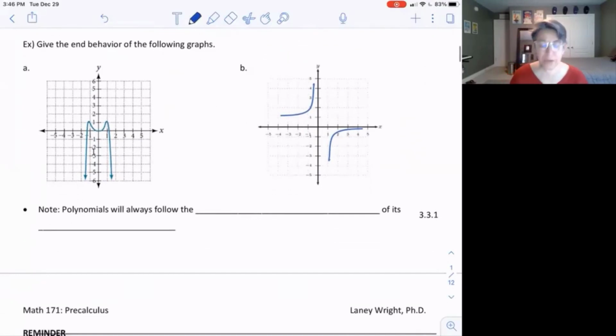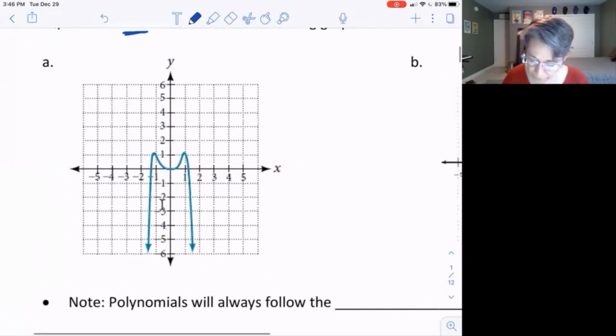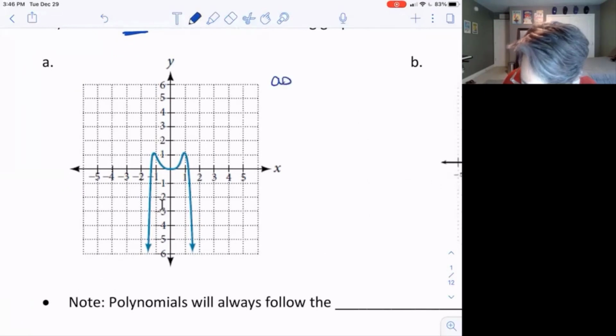We want to give the end behavior of these following two graphs. The nice thing about end behavior is we don't care what's happening in the middle. Okay, we're only looking at the arrows at the ends as we're going left to right. So in this first example here in A, we can focus to the left. Let's say as x is going towards, we can do the negative infinity first.